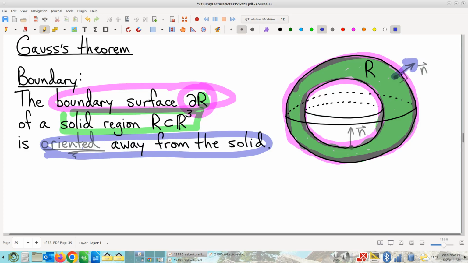But notice for the inner part of the boundary, it's not outward. This is inward, really. Be careful with the sloppy rephrase, the convenient little shorthand of calling it outward. It's not quite that simple.